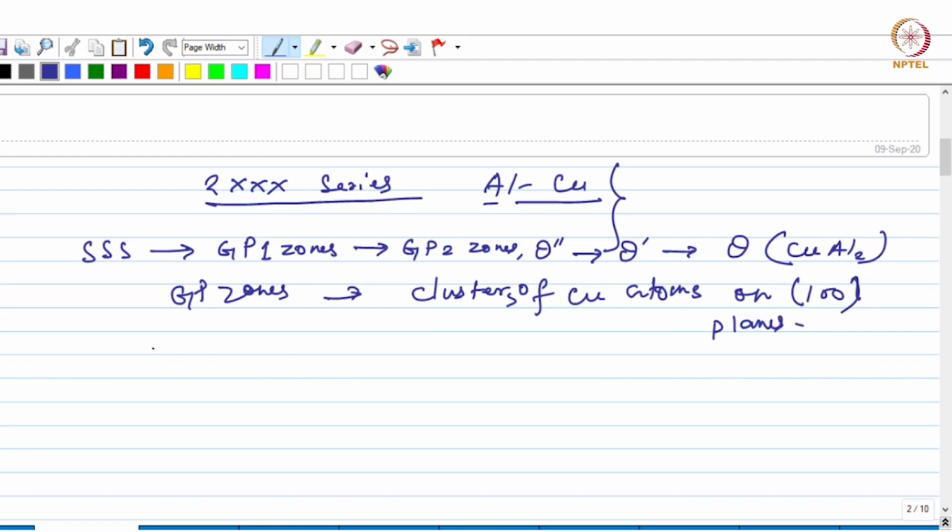If you talk about the size of these GP1 zones, the thickness is about a few interatomic distances.